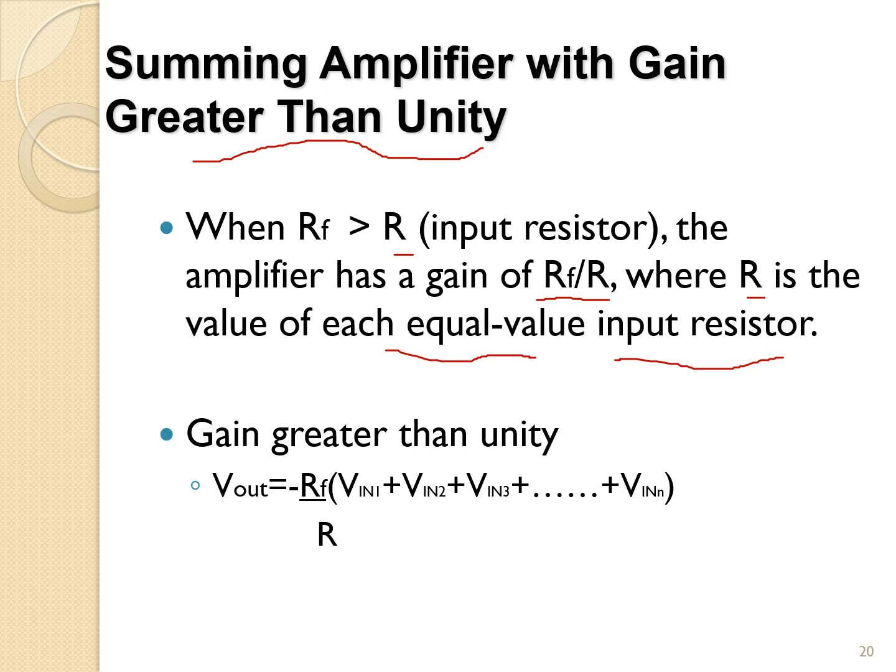Therefore, the formula for V out is equal to negative RF over R times V in 1 plus V in 2 plus V in 3 plus V in N for N inputs.